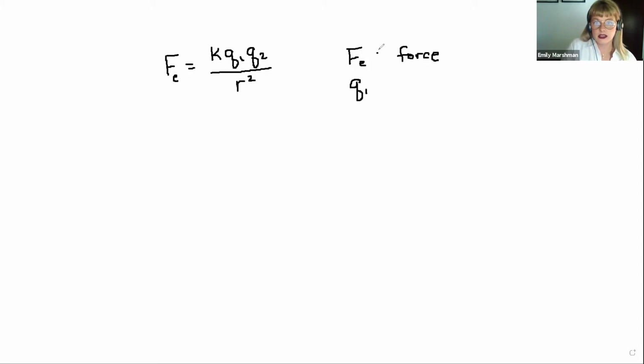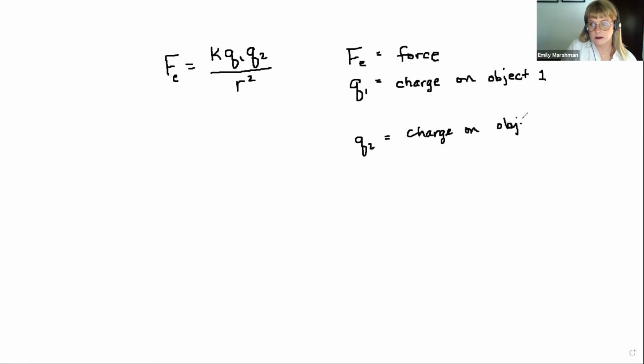Q1 is the charge on object 1, and Q2 is the charge on object 2.